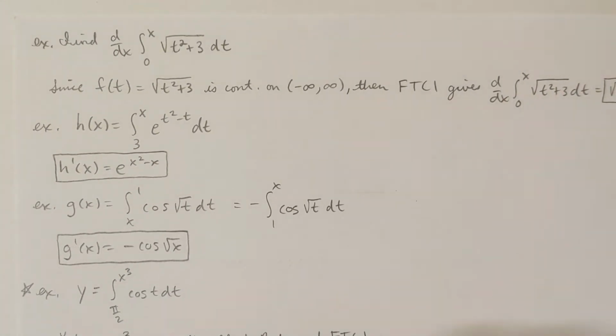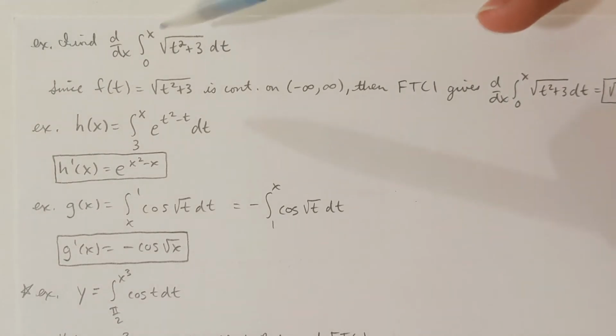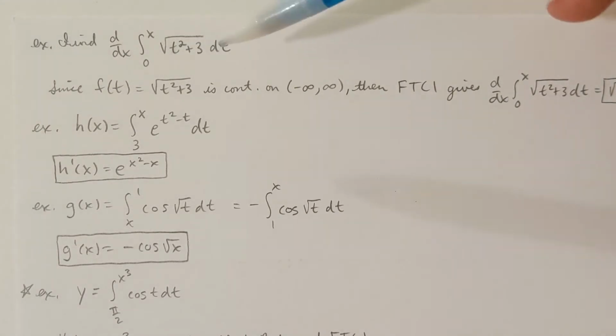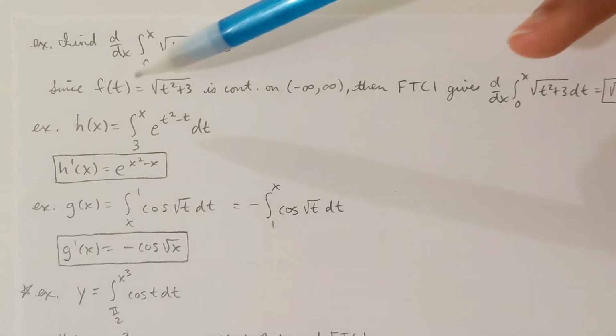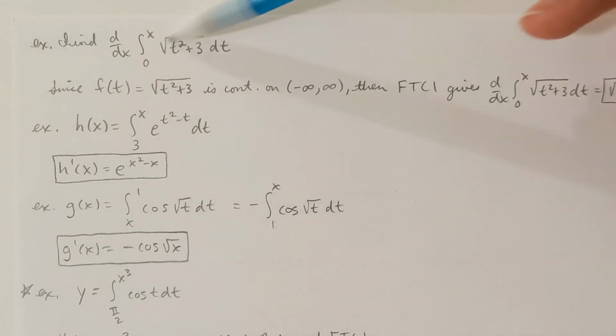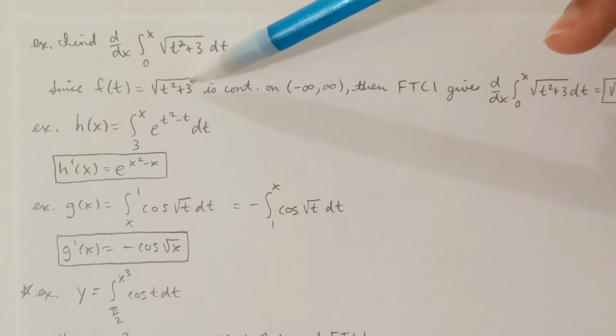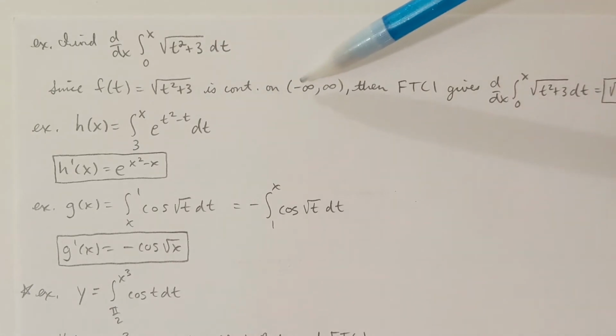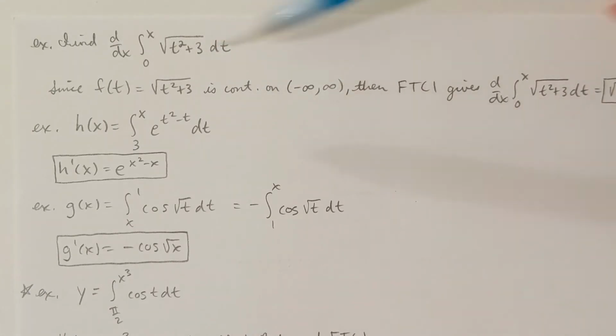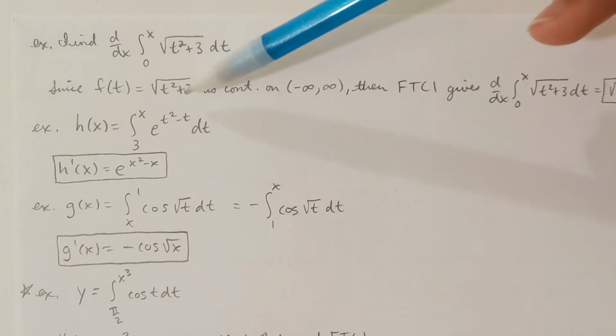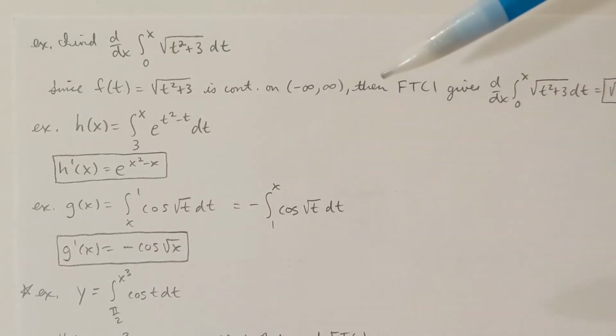Okay, so here's an example. Find the derivative of the integral going from 0 to x of the square root of t squared plus 3 dt. Now, f of t would be the square root of t squared plus 3, and that's continuous on the entire number line. Doesn't matter what t is. When you square a number and you add 3, you're never going to get a negative. That's the only thing I care about here with the square root sign there.